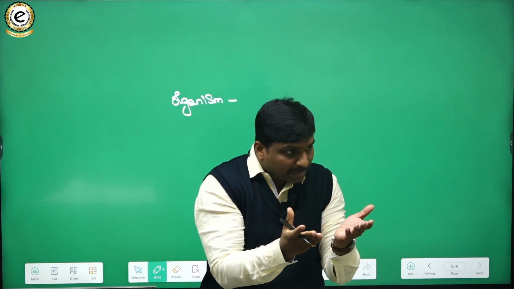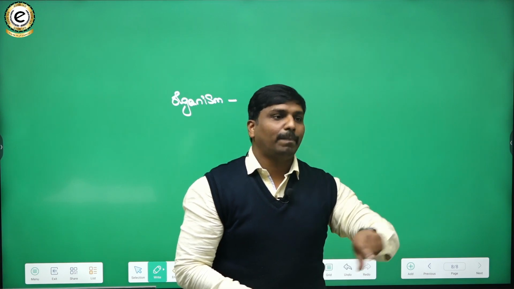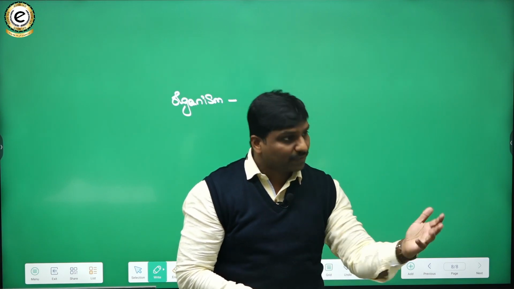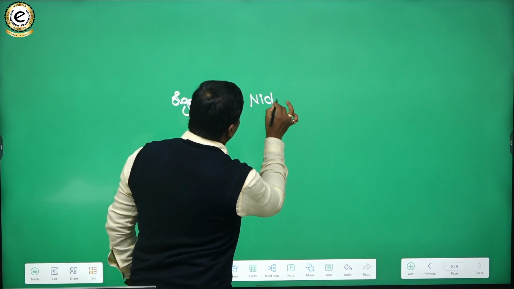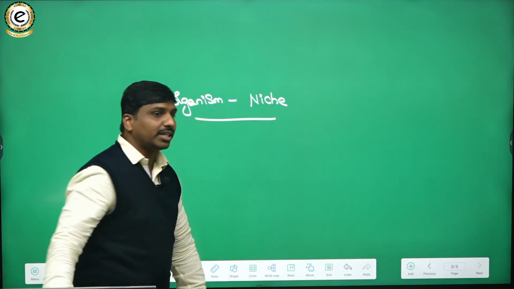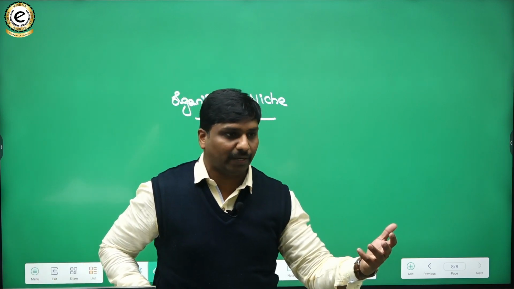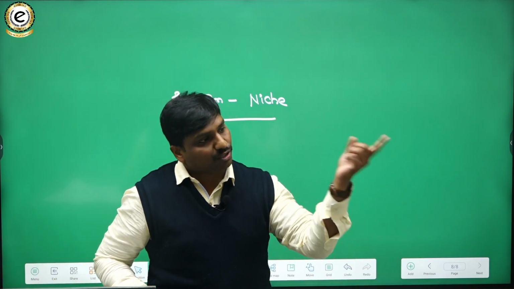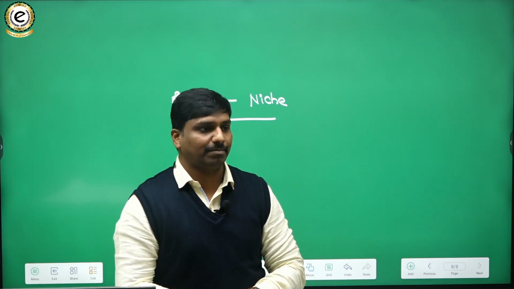The functional role played by an organism in an ecosystem is nothing but niche. Niche is not only the physical space occupied by an organism, rather it is also the functional role played by an organism.